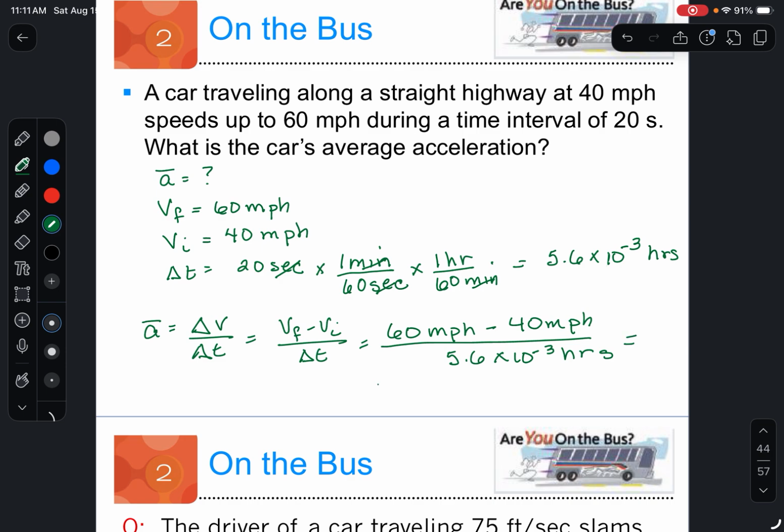And that's going to give us an answer of 3571.4 miles per hour squared. Now, if we go back and want correct significant figures, we see our smallest significant digit has to be just one significant figure. So then we can make that 4 times 10 to the 3 miles per hour squared.